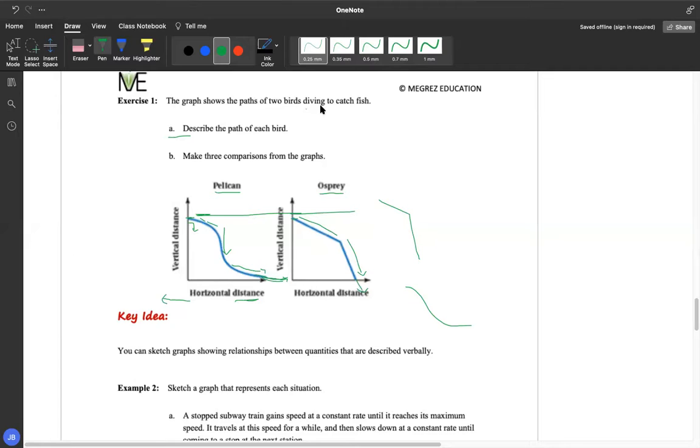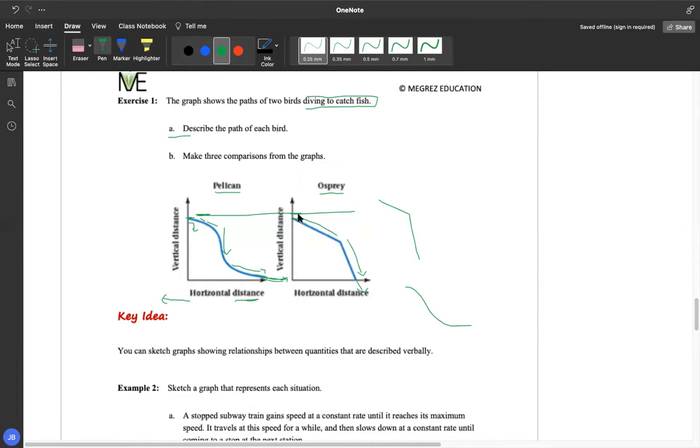Perfect. Yep. I have another one. Okay, what else? So I noticed that the pelican is going up to down, kind of wavy. The line's kind of wavy, and the osprey is sharp, and it goes up and then sharp down. Mm-hmm.